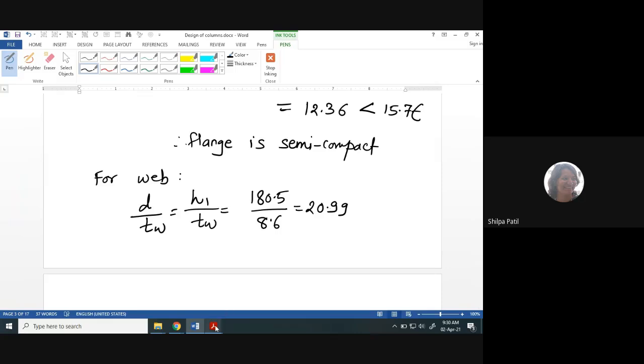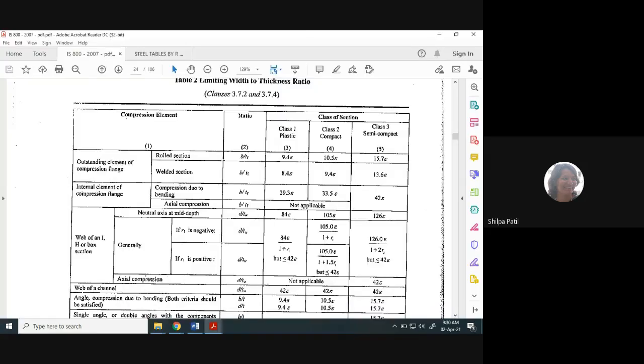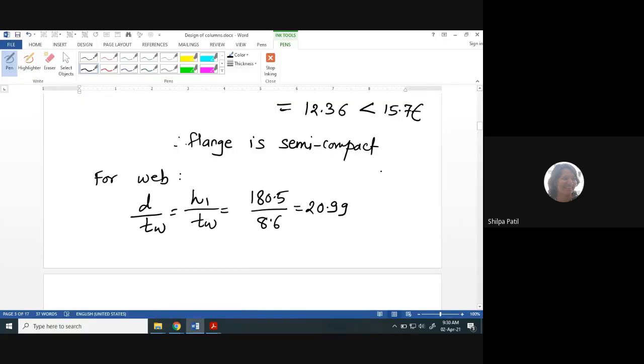And I will go back to the code here again. For axial compression, the value is 42 epsilon. So this value is less than 42 epsilon.